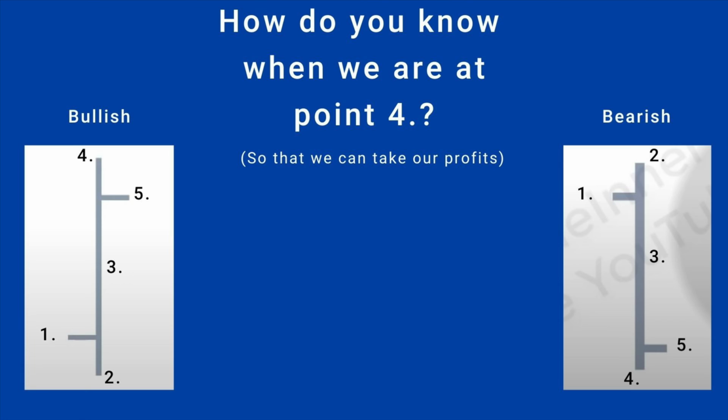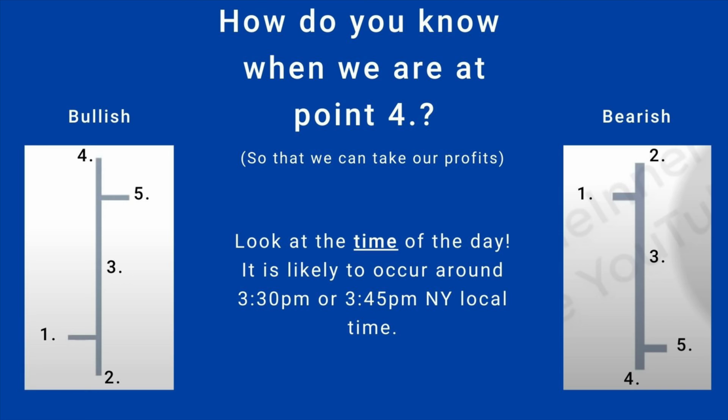How can we be sure that we are at point 4, and so act as the smart money is acting and close our positions? ICT tells us to look at the time of the day. It is likely that point 4 will occur around 3:30 p.m. or 3:45 p.m. New York local time. As always, guys, time first, price second.